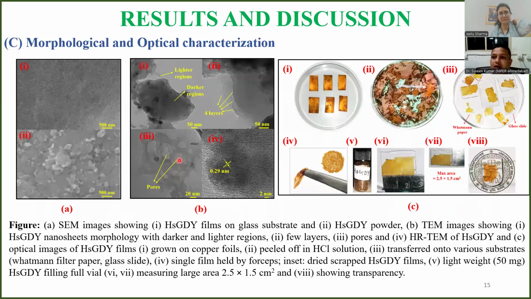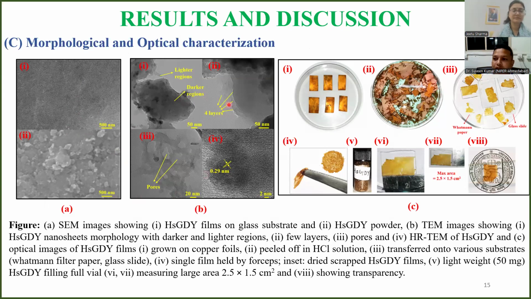This is the morphological view we saw under the scanning electron microscope, and this is what we obtained through transmission electron microscopy. In SEM we saw a uniform layer, but at lower magnification there is some roughness.